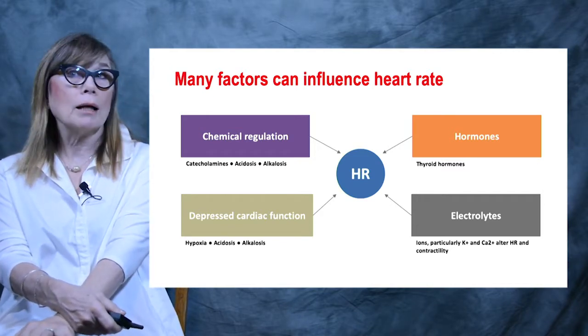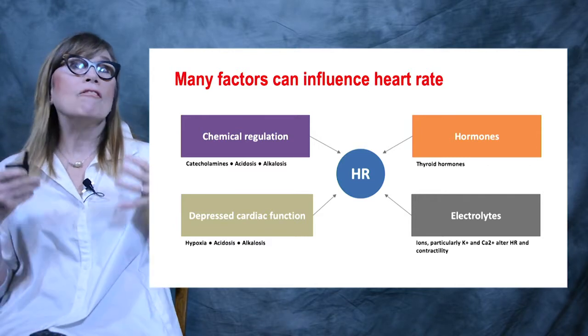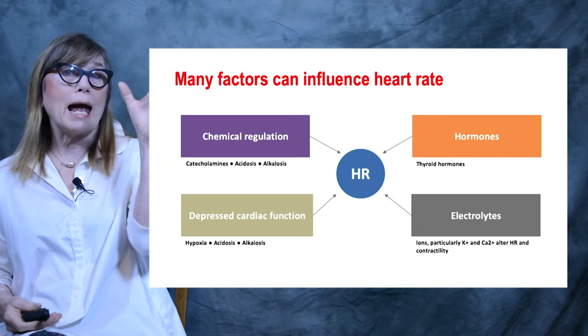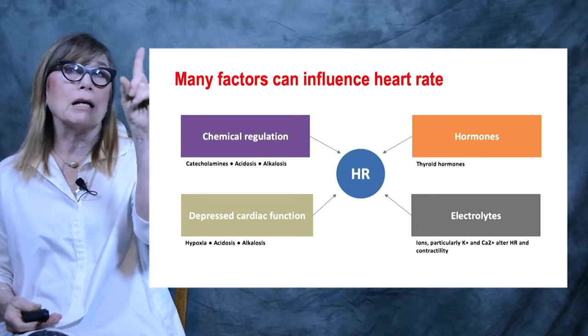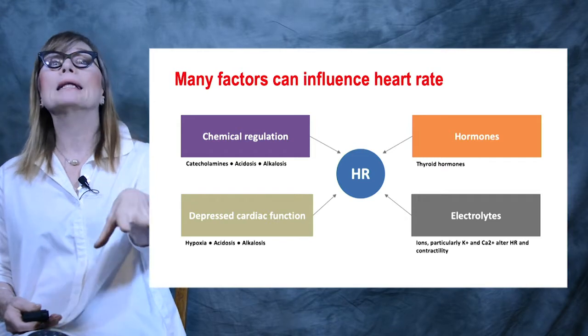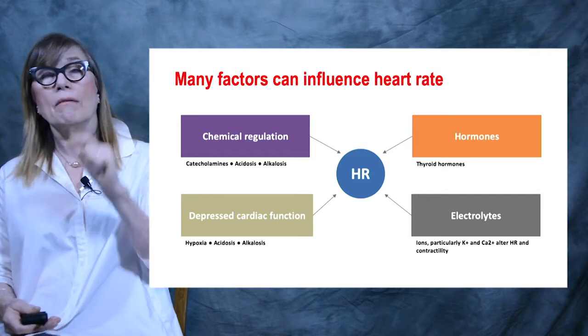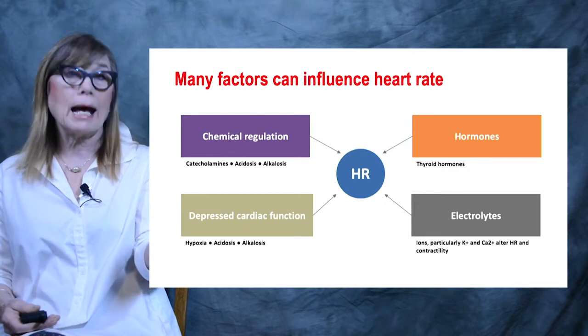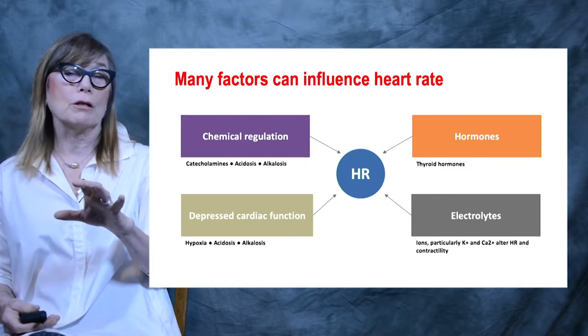And last but not least are electrolytes. If you recall, I mentioned before that your atrial tissue is dependent on the influx of potassium and calcium, and then the release of calcium for contraction. That means abnormalities in potassium or calcium can affect atrial conduction.